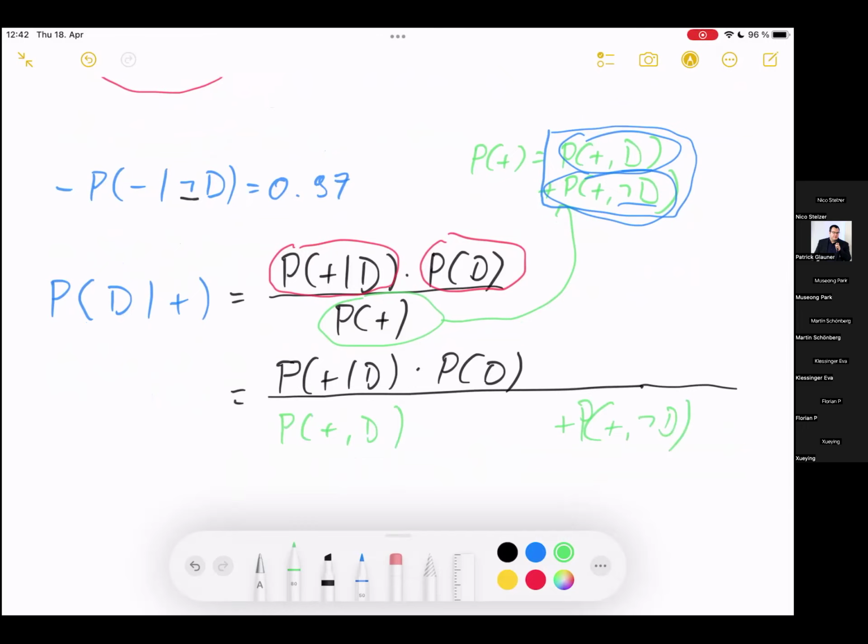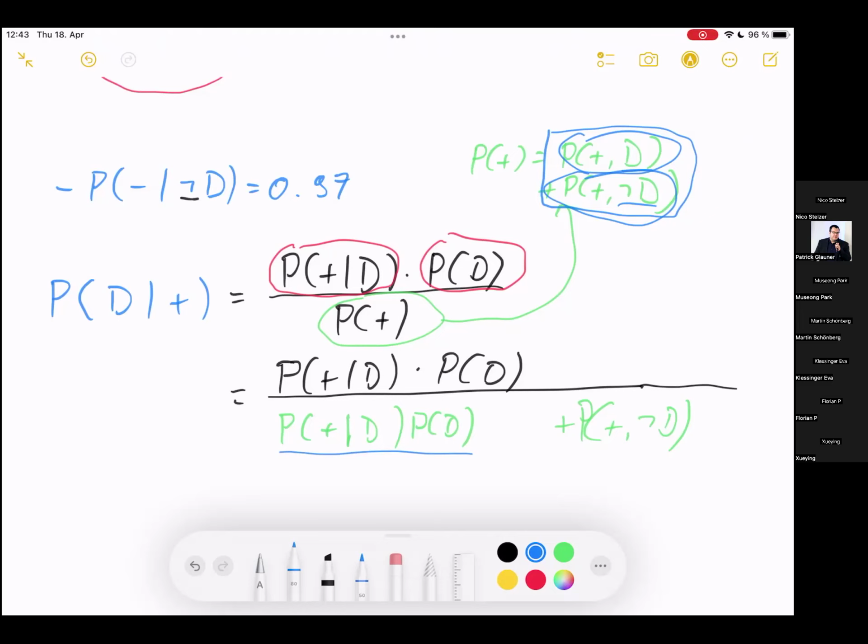But we don't know how to calculate them, but we can calculate this by taking advantage of another probability rule that you can break up this joint probability by using a condition and a prior. So this is another fundamental rule in statistics. You can say, rather than calculating P of plus and the disease, we can say it's P of plus given the disease times P of D.